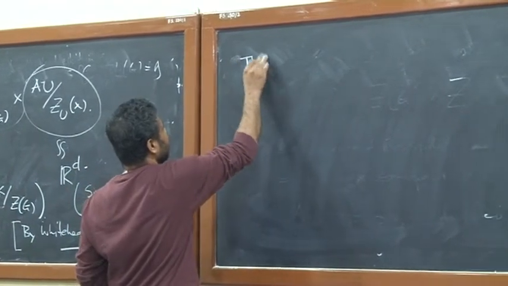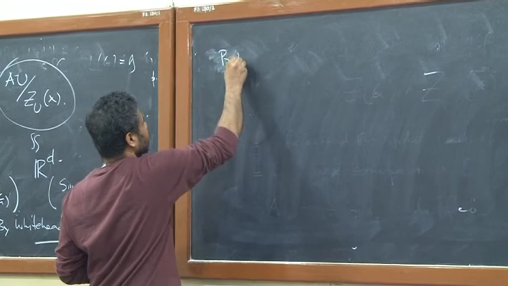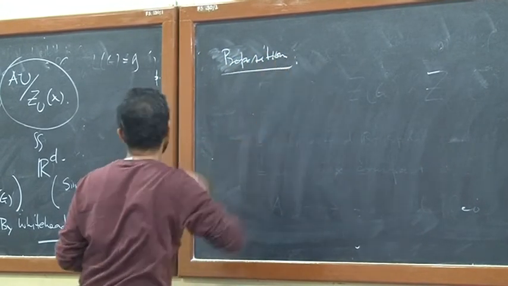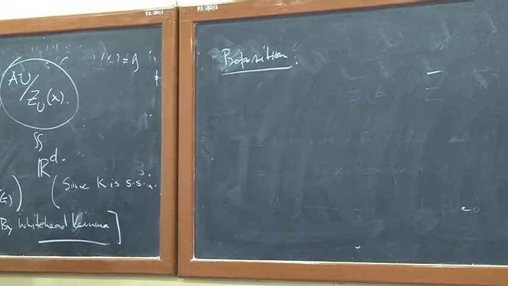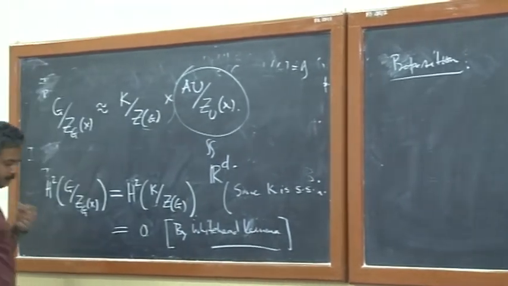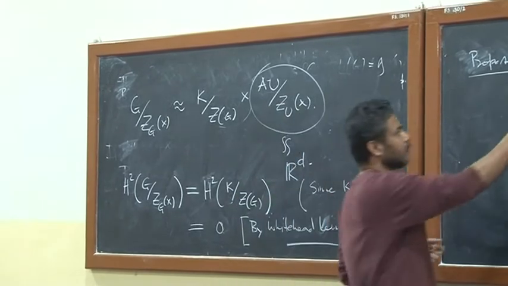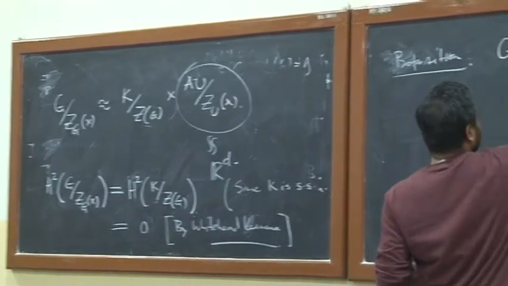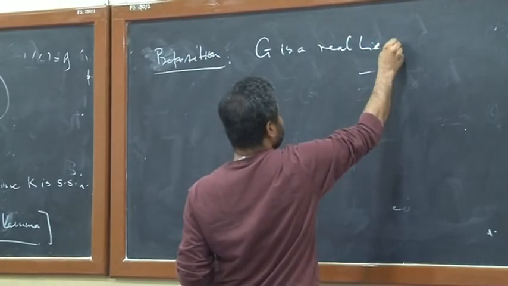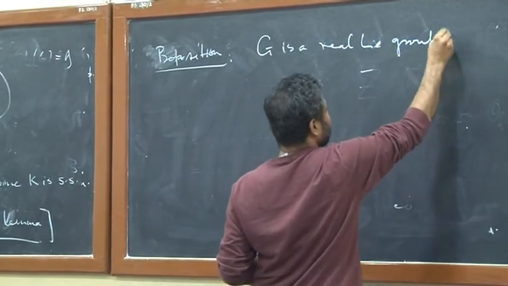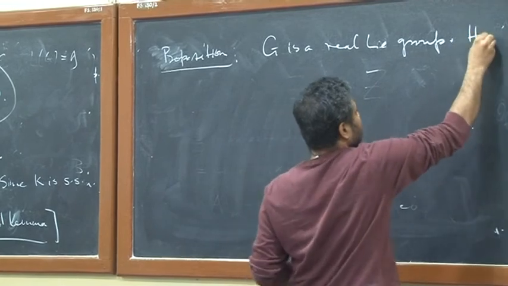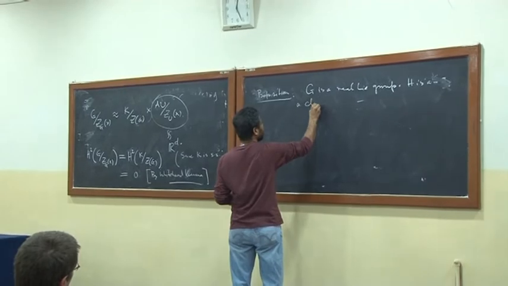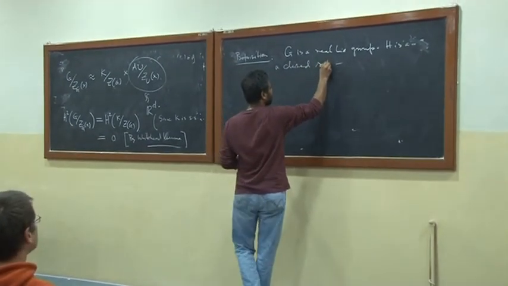So let us write this as a proposition. G is a real Lie group. H is a closed subgroup.